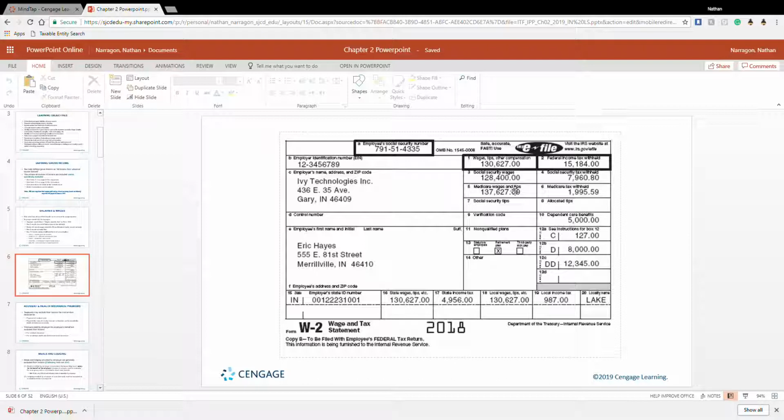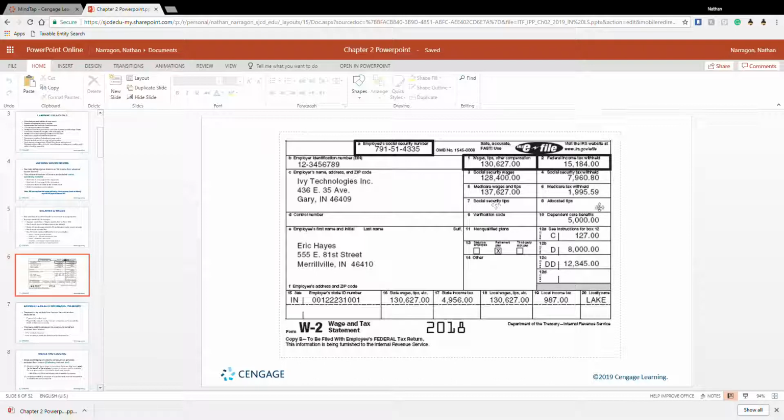But this Social Security does have a limit of how much they can actually use of gross wages. But Medicare does not. So Social Security is $128,400. That's the max gross income that they can take their numbers from. So this is usually going to be the max Social Security that you're going to see. So $7,960.80.